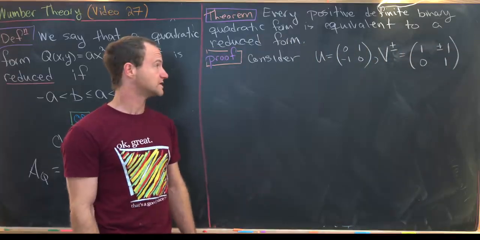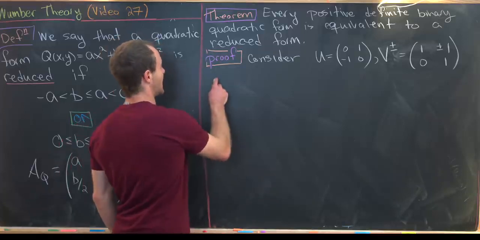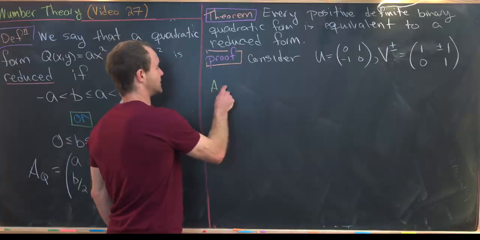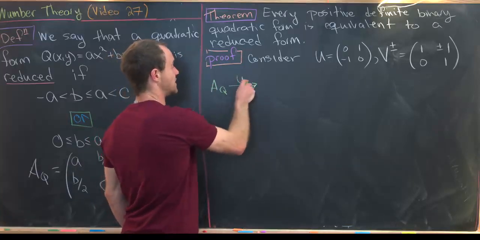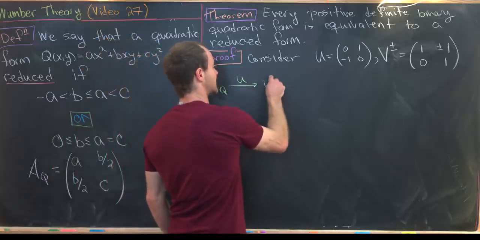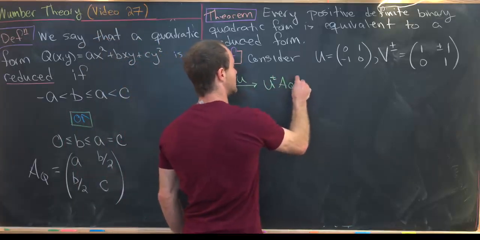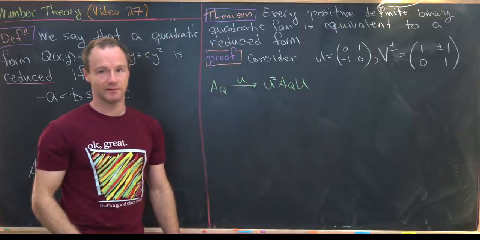Furthermore, we want to introduce the following time-saving notation. If we start out with a matrix A_Q and put an arrow over it with a U, that turns into U transpose A_Q U. So it's not multiplying by U, it's conjugating by U.